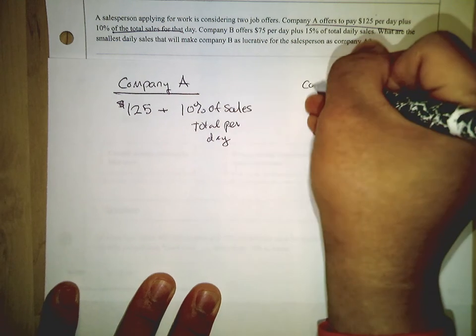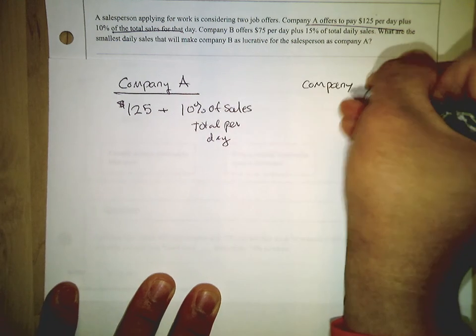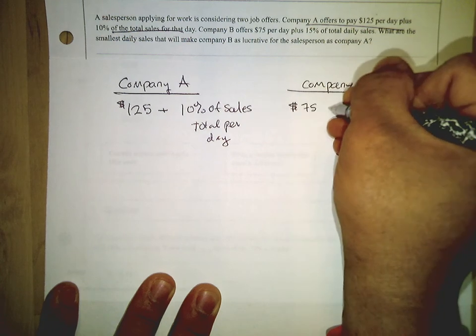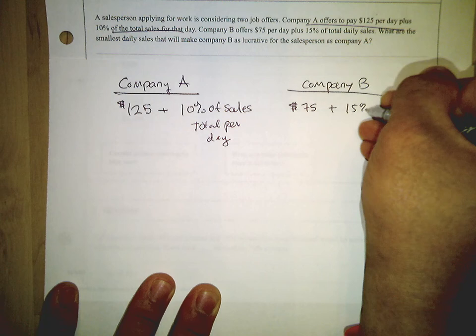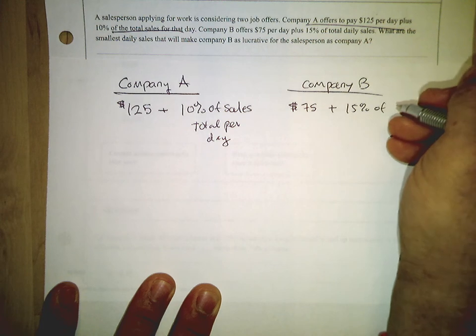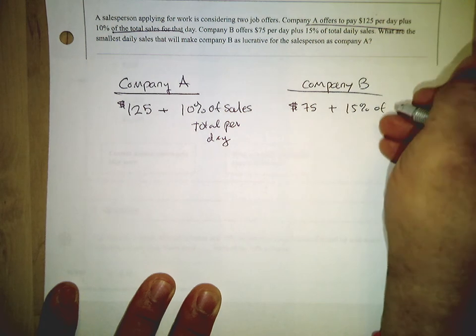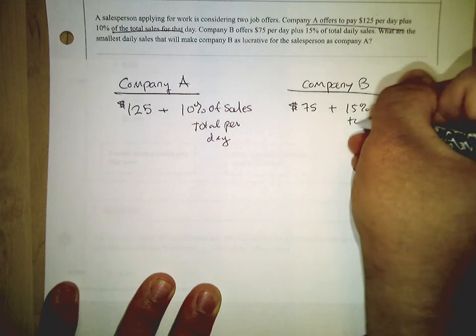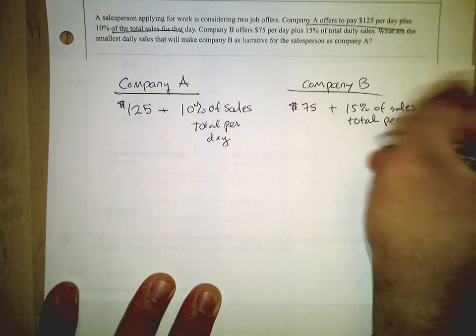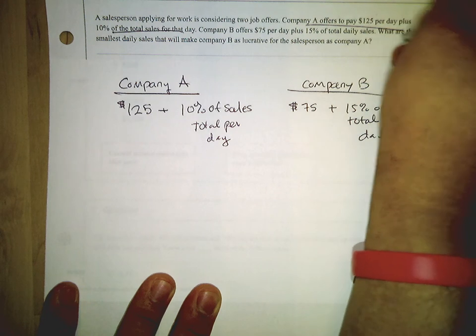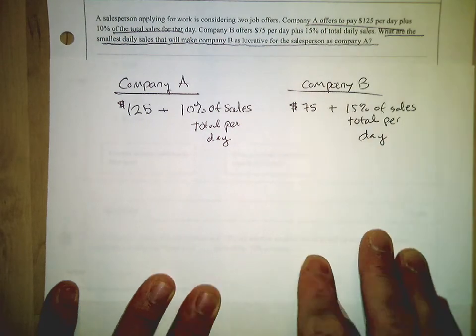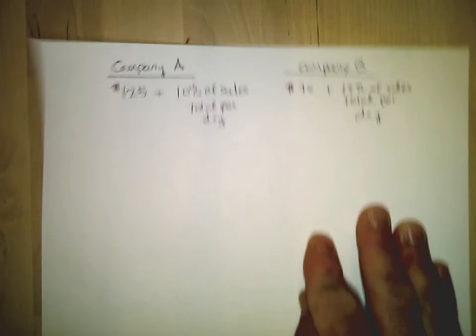And Company B offers $75 per day plus 15% of total daily sales. So what are the smallest daily sales that will make Company B as lucrative for the salesperson as Company A?